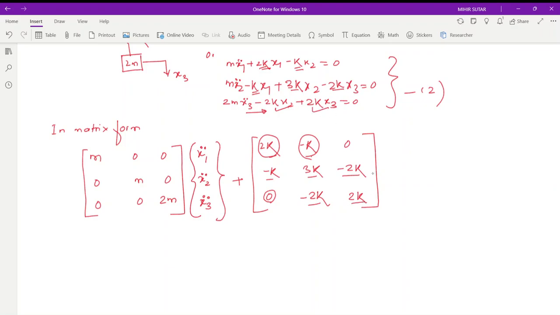And this is the stiffness matrix. Then the displacement matrix x1 x2 x3, okay, is equal to 0. Let's say this is equation 3 in matrix form.